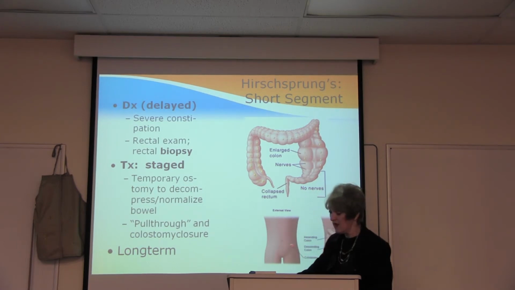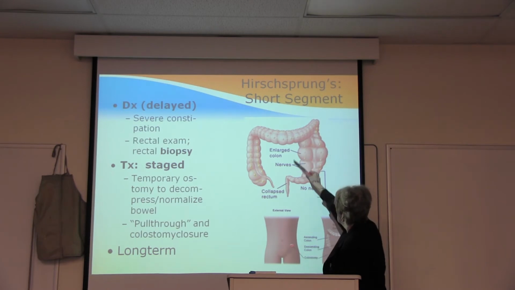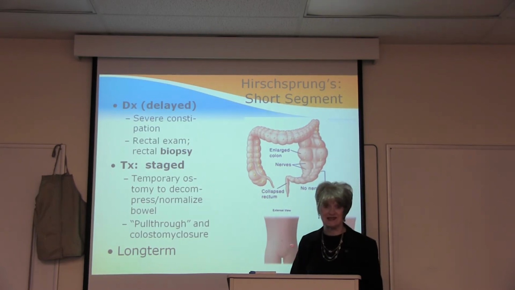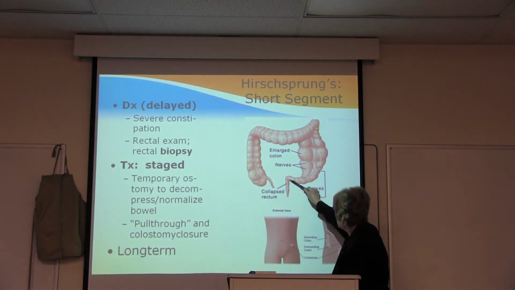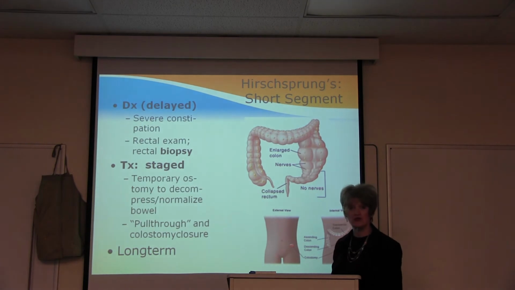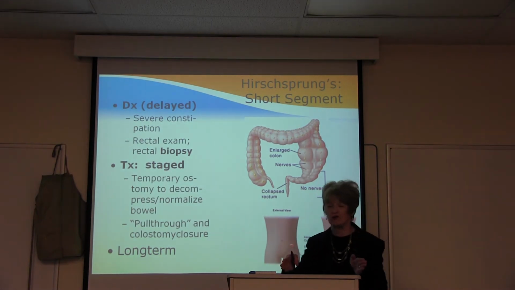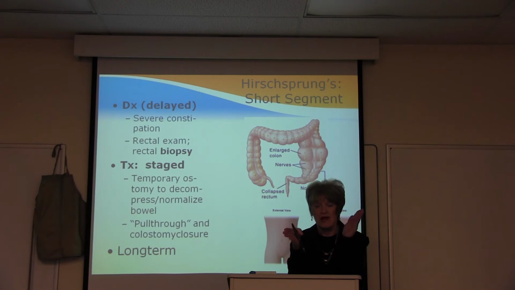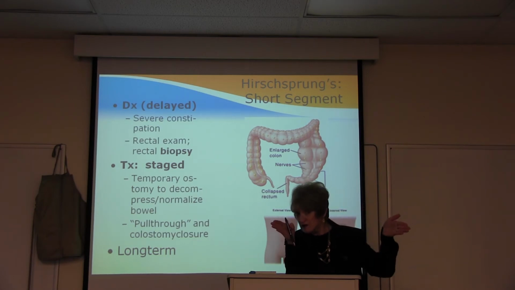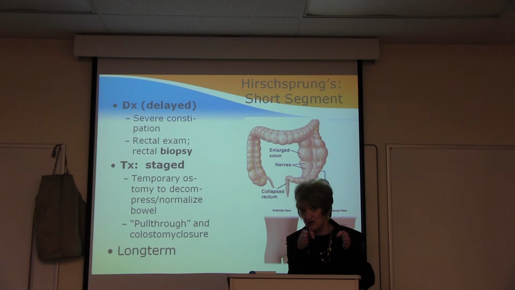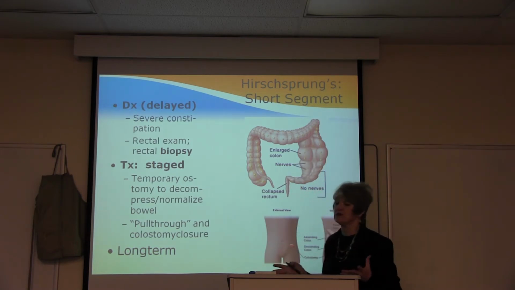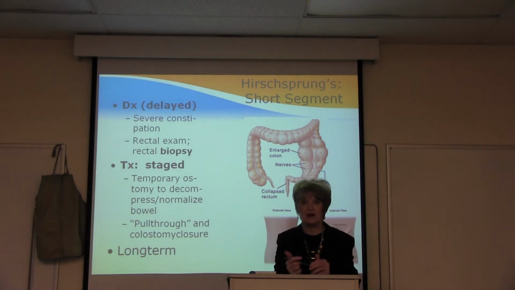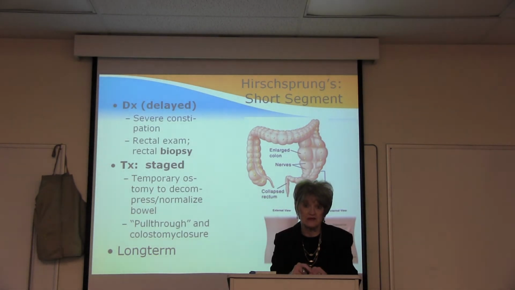Now, when you look at this slide, I know that this section looks like the damaged, diseased section. That's actually the normal section. So here's the problem. This section is not working, is not pushing stool through. It's like a section of conveyor belt that is stopped. And then proximal to that non-functional section, the bowel distends for two reasons. One is that stool backs up, so you get progressive distension, dilatation of the proximal bowel.